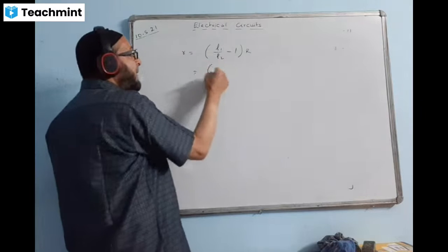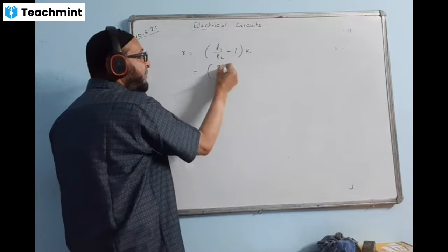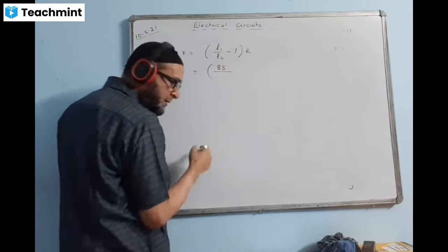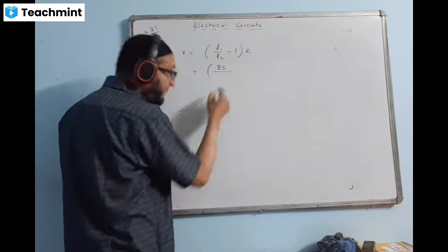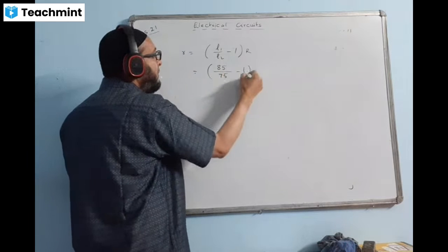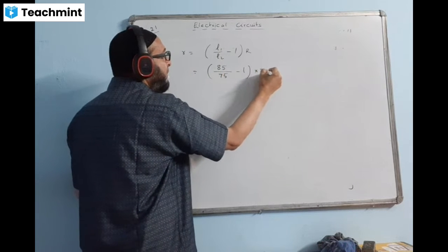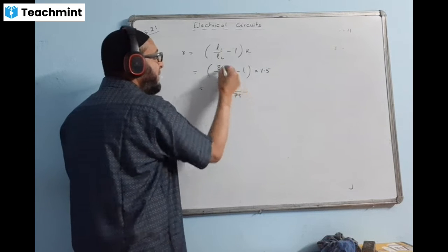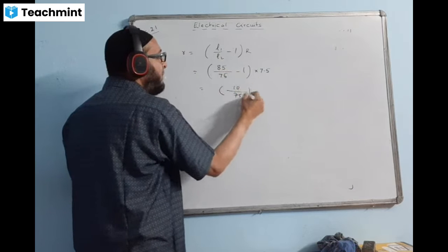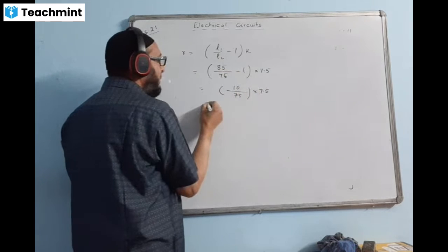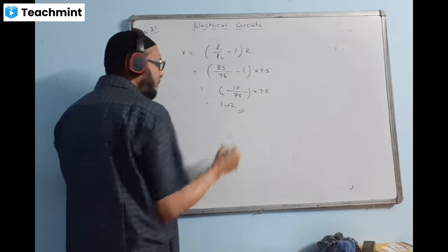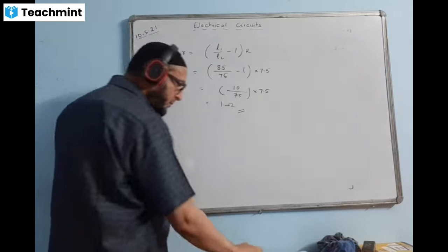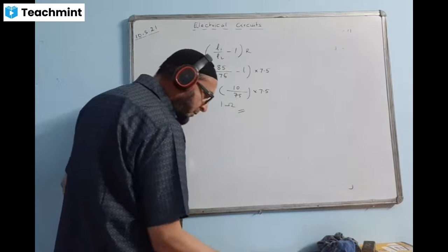So L1 means the bigger length. The bigger length is given 85 and the shorter length is given 75. Minus 1 into R value is 7.5. Now you have to take LCM, and now 75 is LCM. 85 minus 75 will come 10 into 7.5. Answer will come 1. So 1 ohm. Finished. Internal resistance is coming 1 ohm.